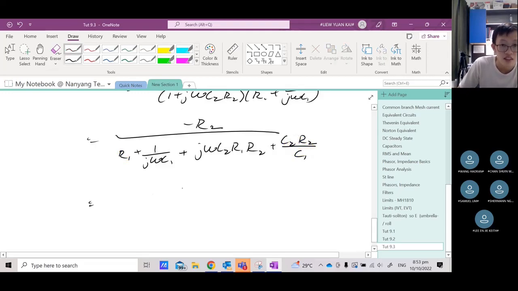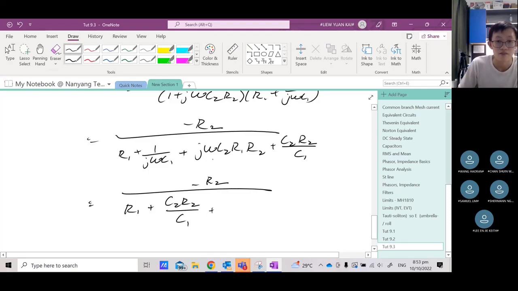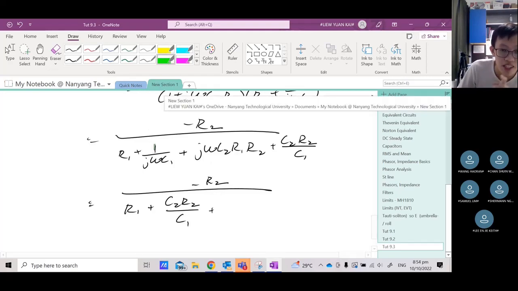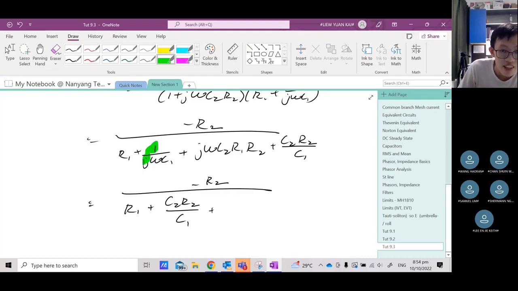So this negative R2 over R1 plus C2 R2 over C1 plus. Okay, I'm not gonna do any shortcuts. So remember what I said? Whenever you see 1 over j, you can turn it to negative j, right? 1 over j means negative j. So this one, I'll bring it to the front. So I'll copy this down.